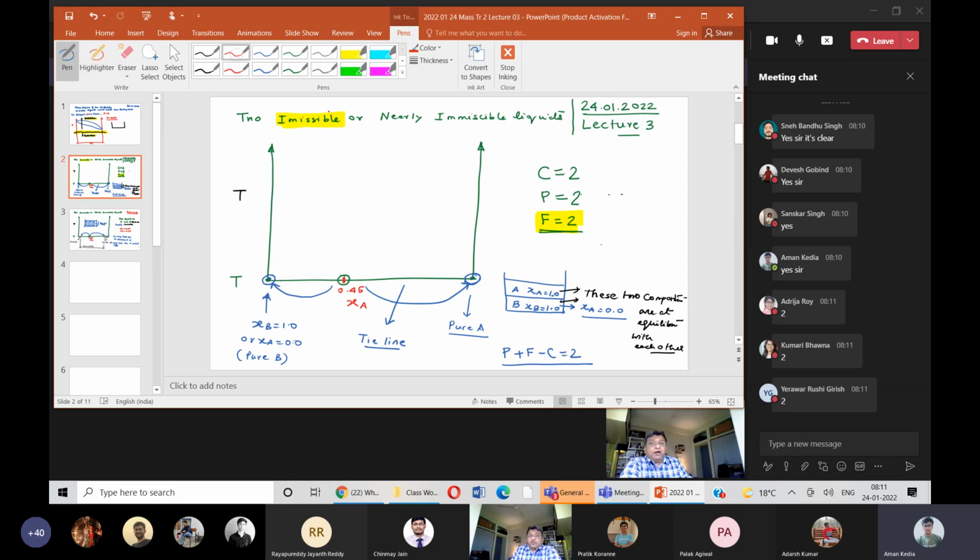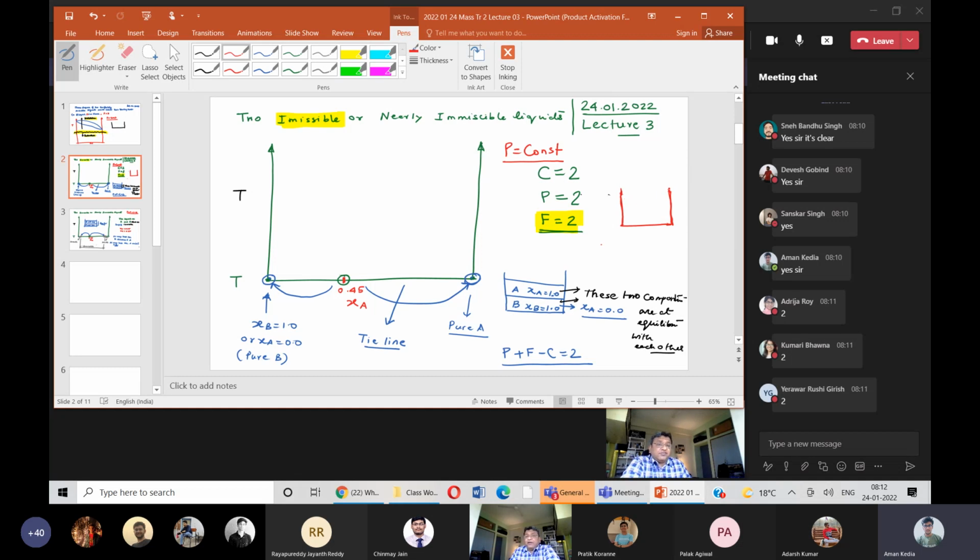Okay, and now you are drawing this plot at P equal to constant, right? So now let us see what it means. Here we took an example of a mixture, let's say oil and water, where the oil fraction is 0.45, and you measure 45% oil and 55% water, and you mix it.